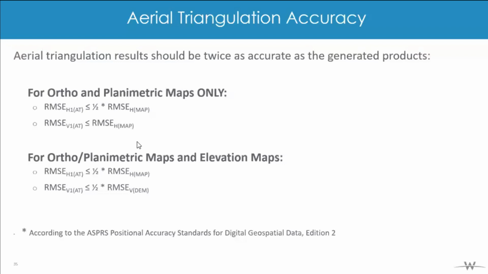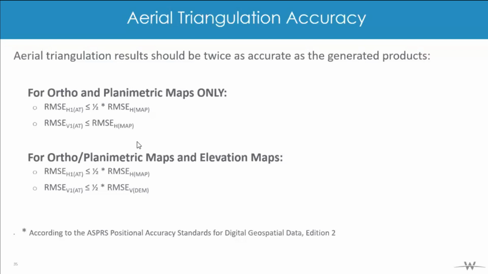Now we simplified it: the aerial triangulation accuracy has to be twice as accurate as the product we generate from that aerial triangulation, whether ortho or digital elevation model, for example.